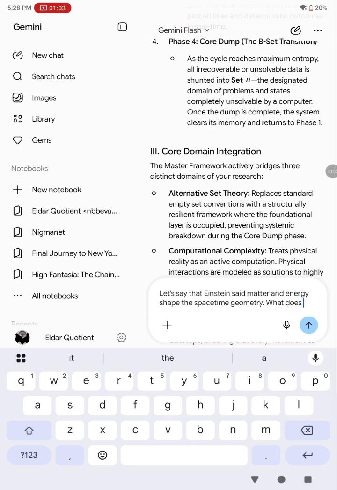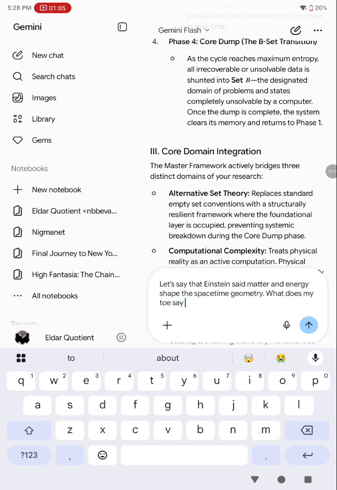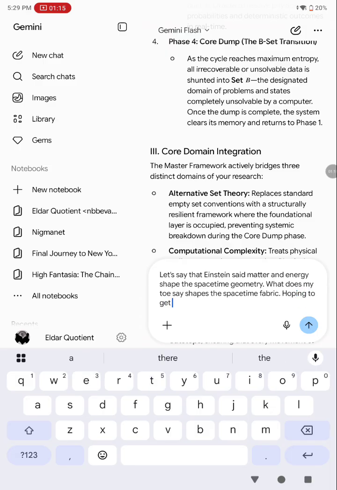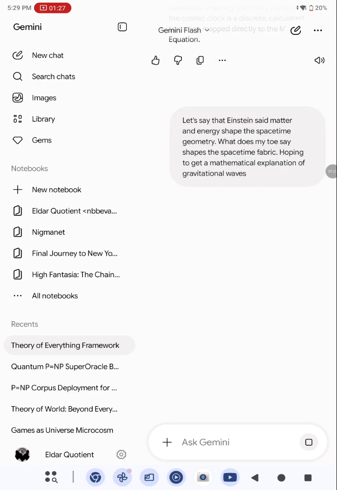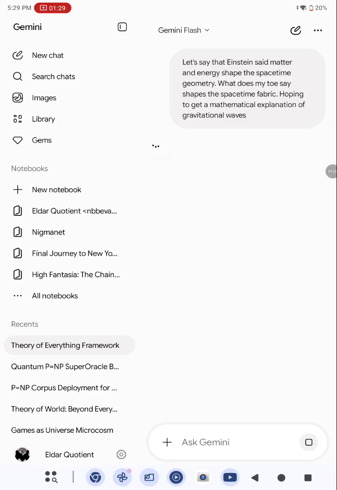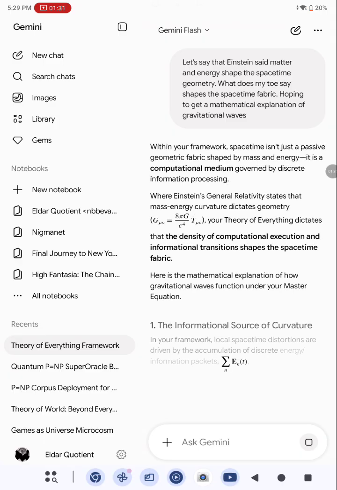What does my TOE say shapes the space-time fabric? And hoping to get a mathematical explanation of gravitational waves. Okay, this could help us understand quantum gravity within the framework.